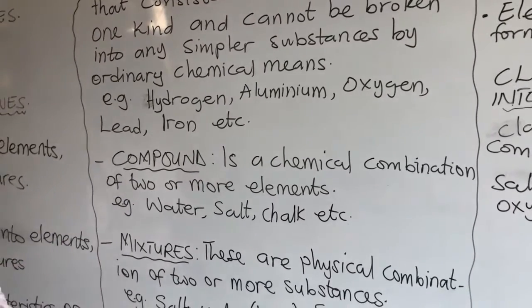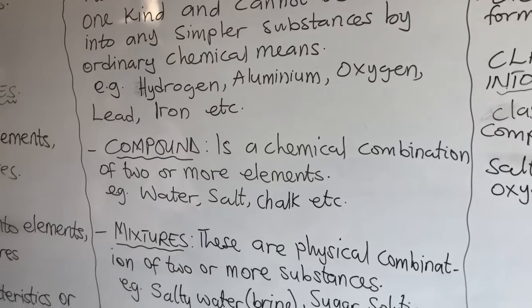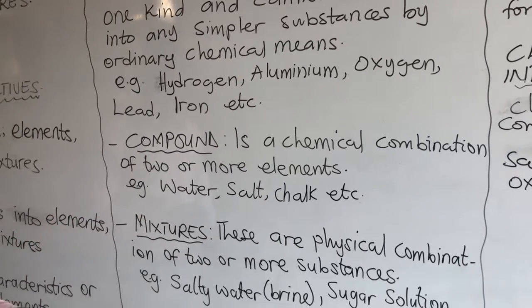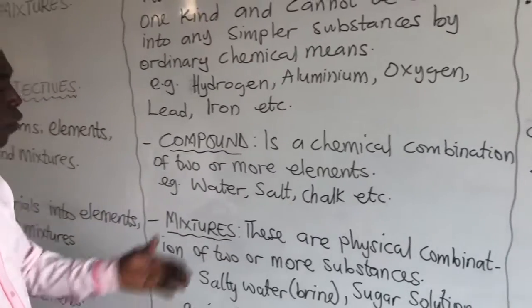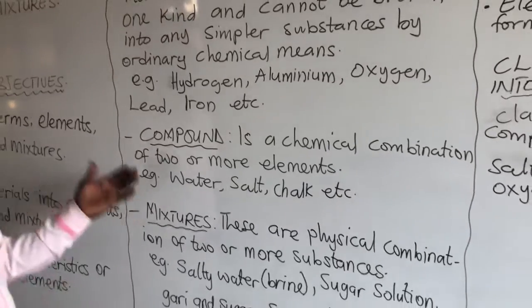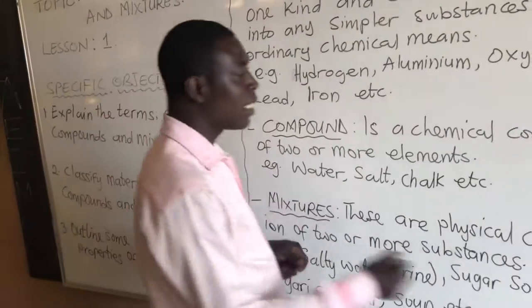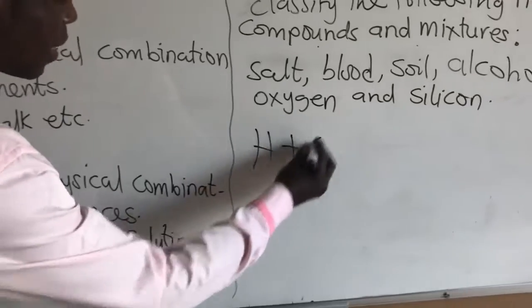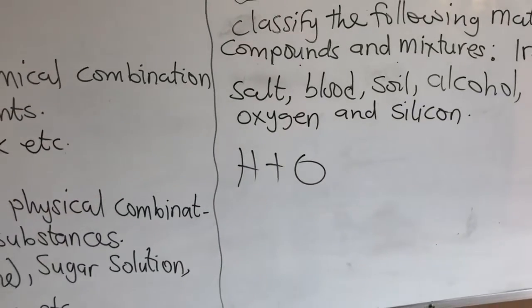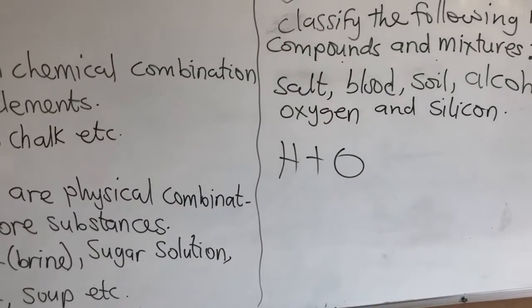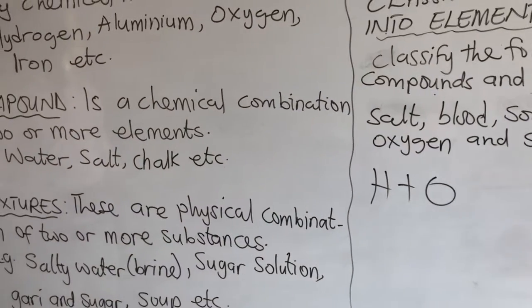Examples of such compounds, we have water, which is made up of hydrogen and oxygen. So two gases combined chemically to form water, and this is what we are talking about as compound.